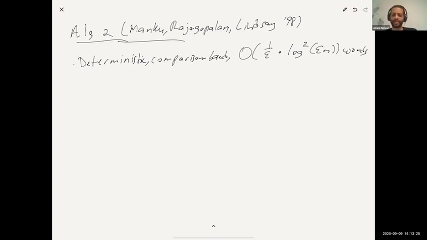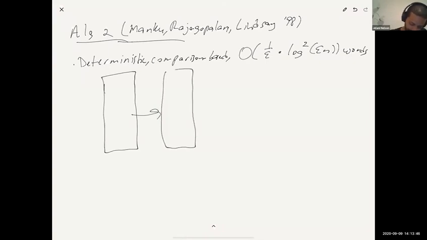So what's the idea of this algorithm? It uses something that actually is used in the optimal randomized algorithm as well, which is the notion of a compactor. And it uses a chain of compactors, and I'll describe what this means shortly.